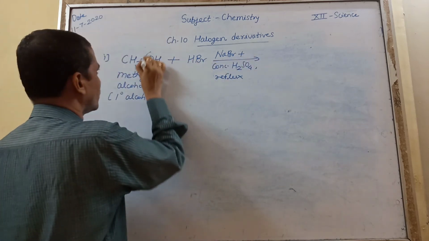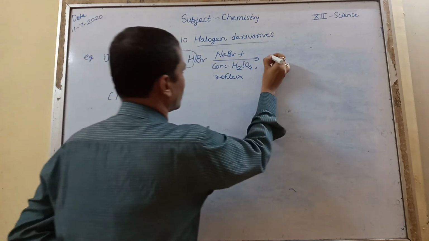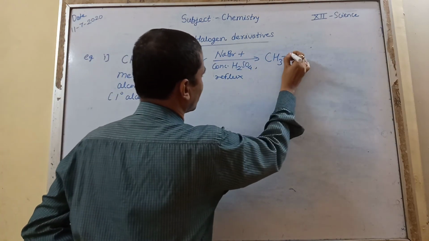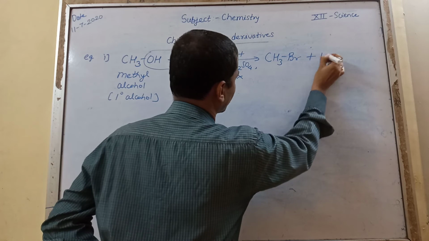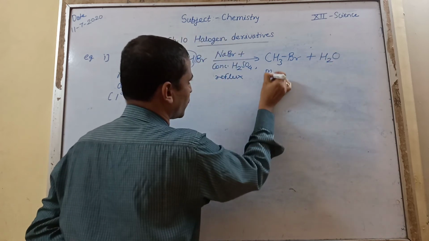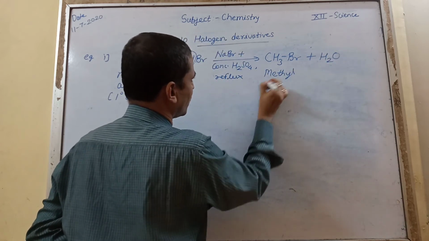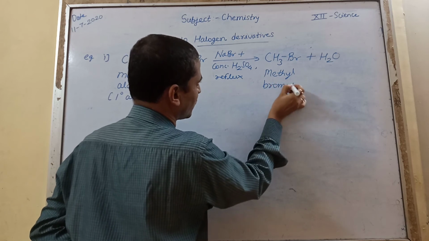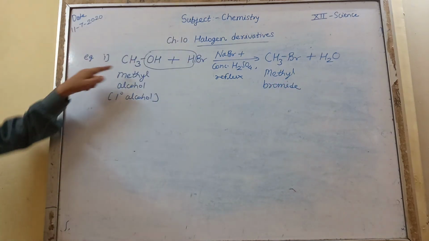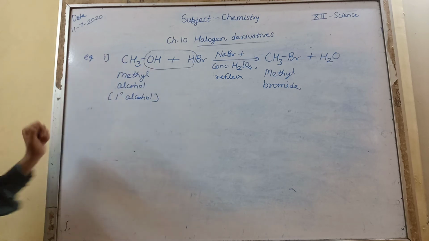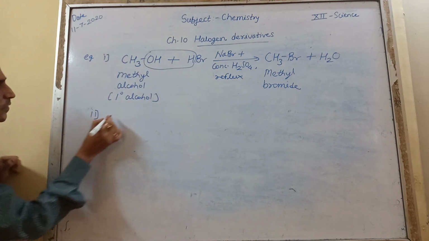Here you get CH3Br plus H2O, that is methyl bromide.